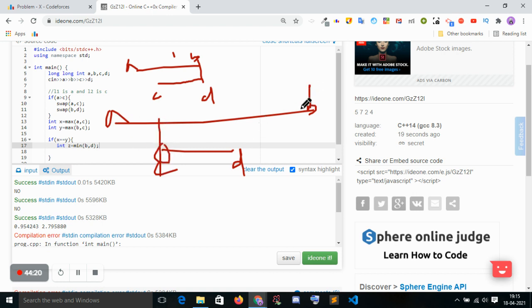But since this is my intersection point, we have to find which of B or D is the minimum. Here D is minimum, so we have to check it. This can be one possible case.